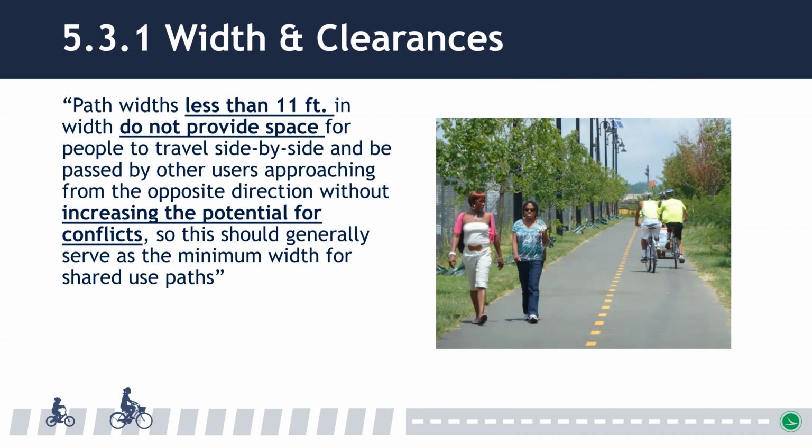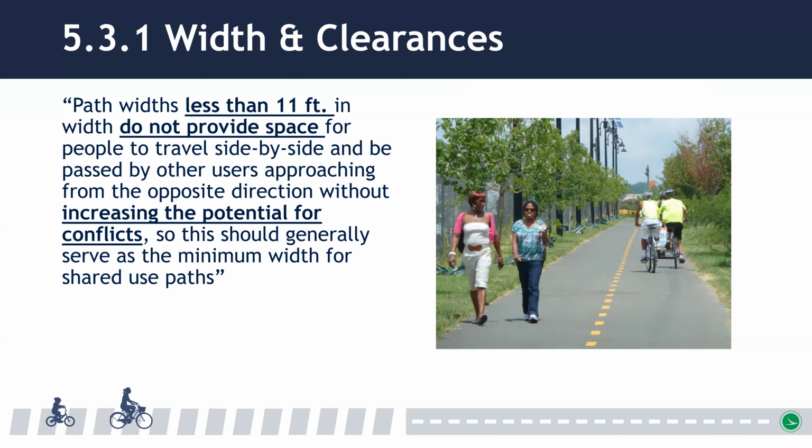Path widths less than 11 feet do not provide space for people to travel side by side while also accommodating passing by users traveling in the opposite direction without increasing the potential for conflicts. This is particularly important on shared use paths that operate at both moderate or high volume thresholds.